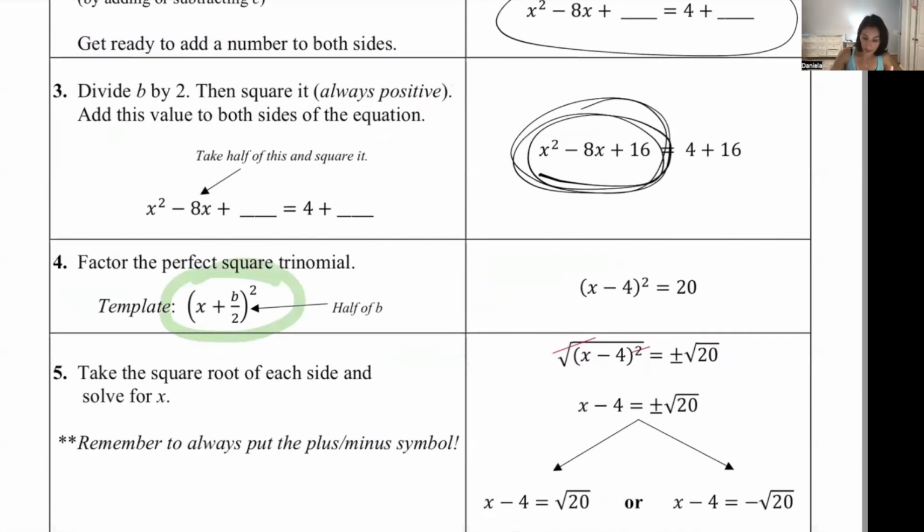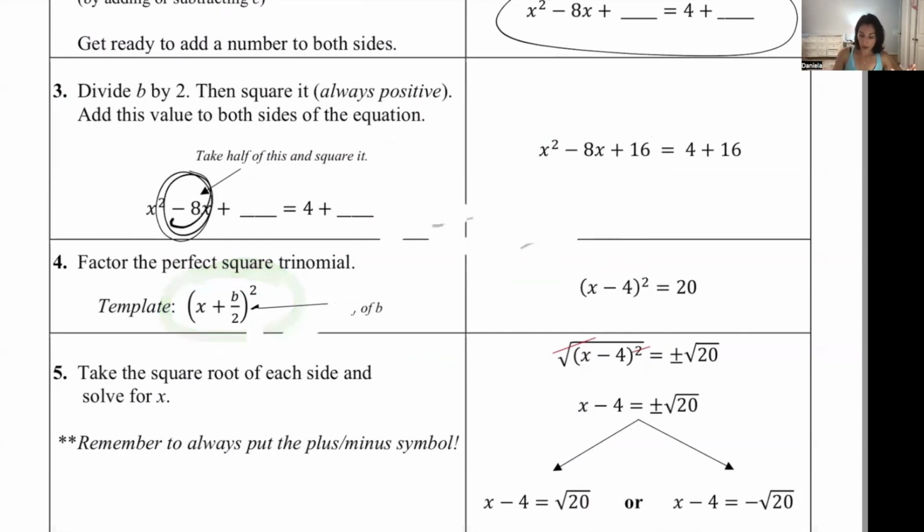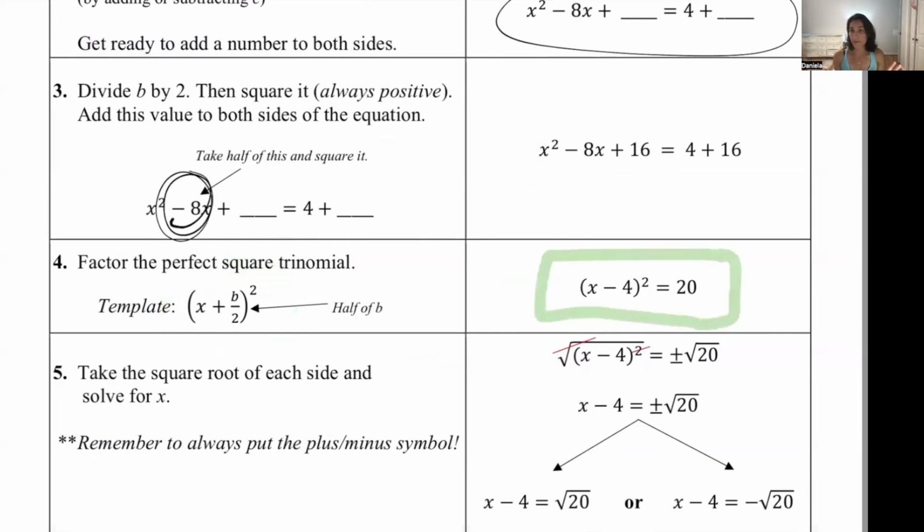Here b was -8, and when we cut it in half it was -4, so that's why we see this -4. We started with something in standard form and converted it, without changing the answer, into this form. And how did we get 20? We simplify the right side, 4 plus 16.